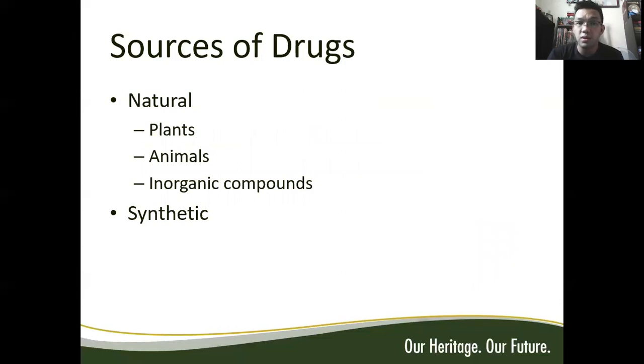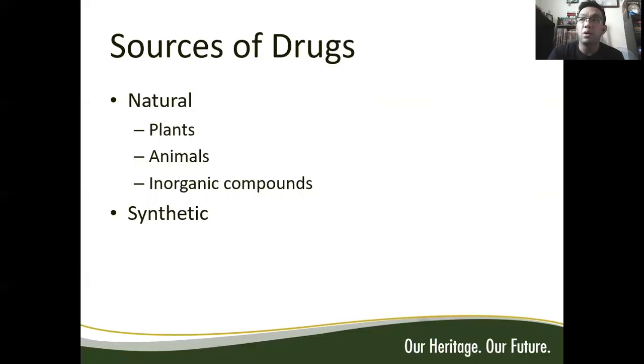Sources of drugs. We have natural sources. For natural sources, it may be coming from plants. That is one of the great sources of drugs. There are a lot of herbal plants all over the world that can be used. Also, animals can be a source of drugs.